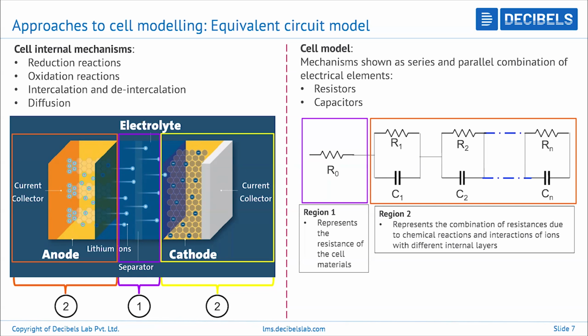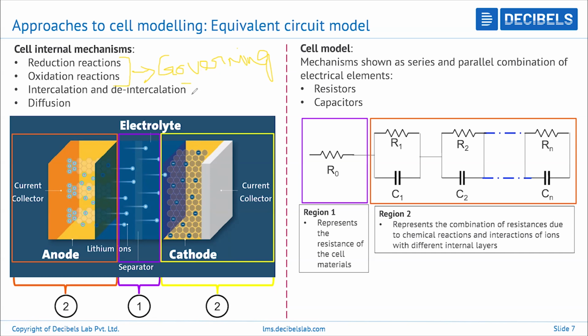There are actually many more, but the major ones that are most relevant for the modeling will be shown here. So reduction reaction, oxidation reaction. Together, these are the main governing reactions of the entire cell. These are the ones that produce electrons so that they can power any equipment.